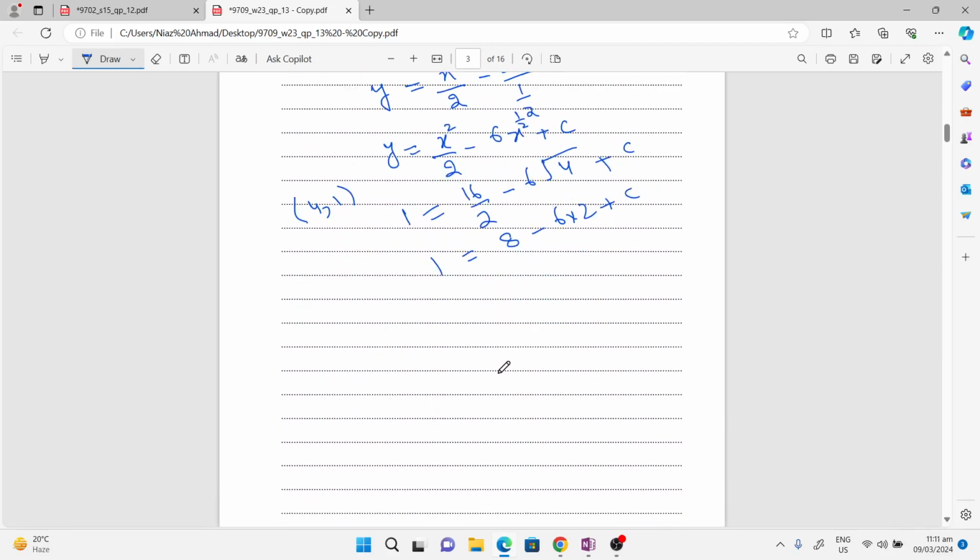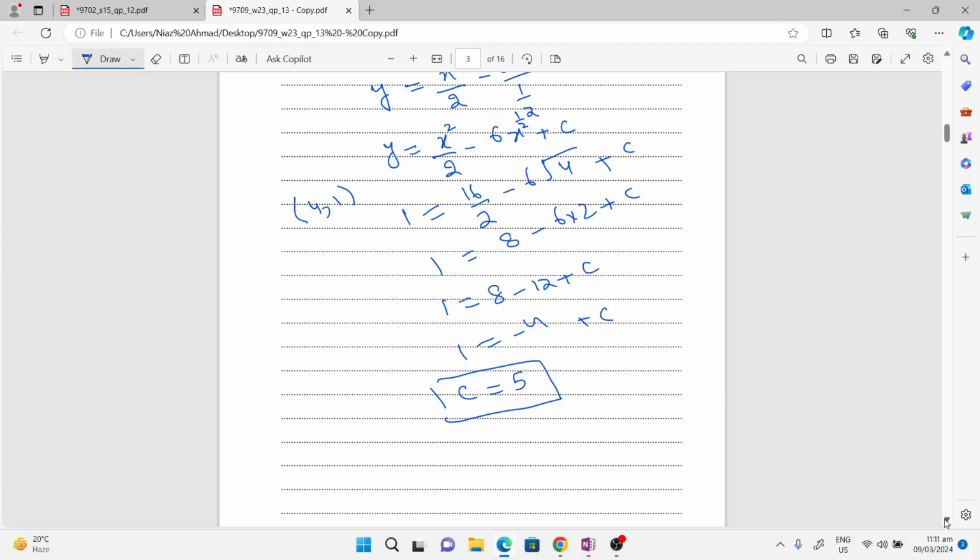So what's the value for c? 1 equals 8 minus 12 plus c. So minus 4 equals 1 plus c, and now your c is 5.